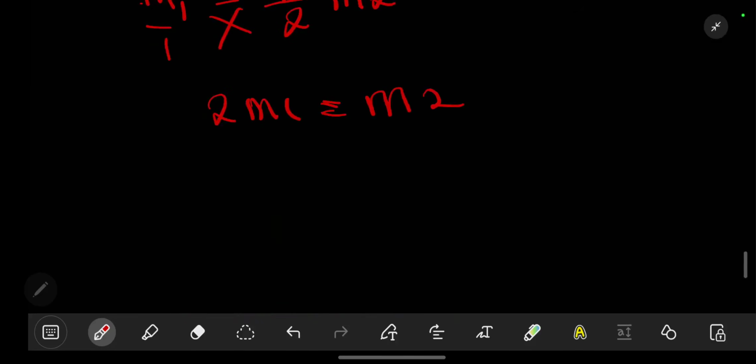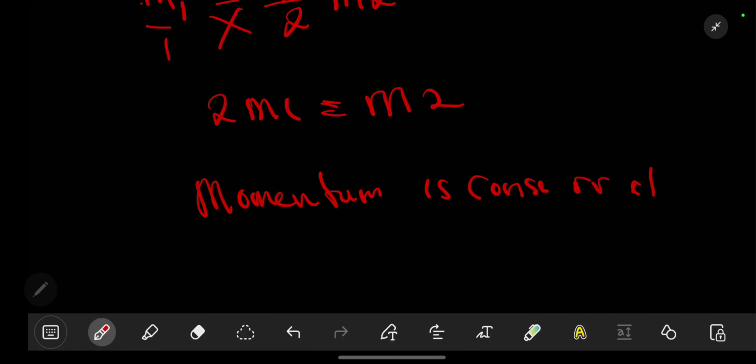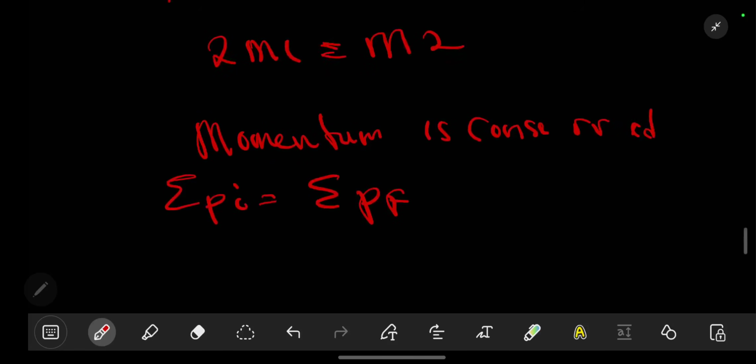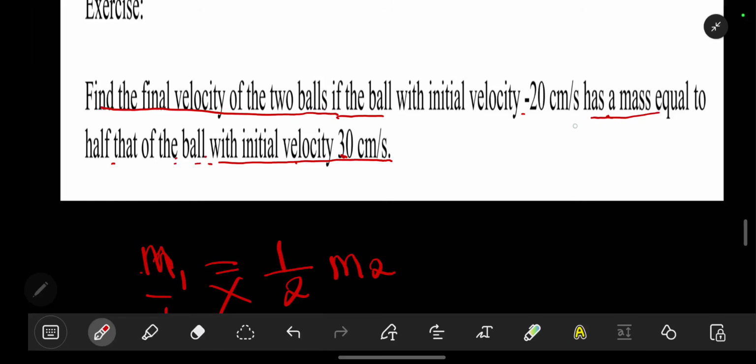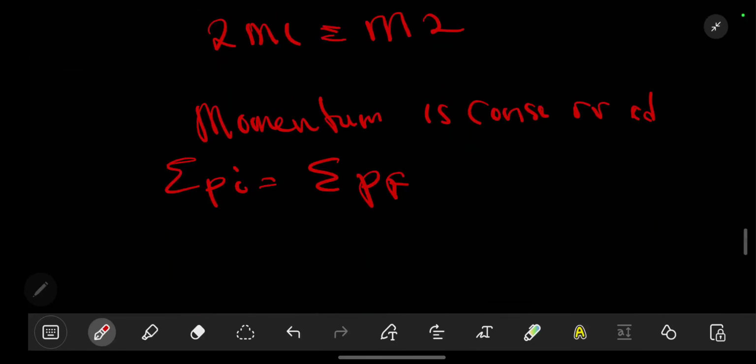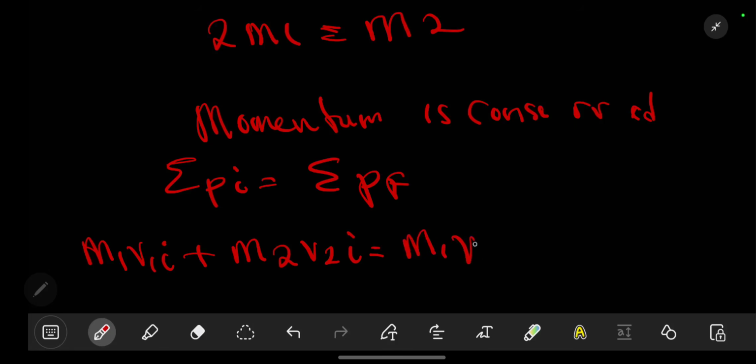Using the same approach, we say momentum is conserved. Therefore, the initial momentum is equal to the summation of the final momentum. So mass 1 times velocity number 1 initial plus mass number 2 times velocity number 2 initial should be equal to mass number 1 times velocity number 1 final plus mass number 2 times velocity number 2 final.